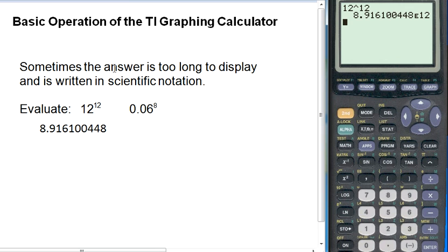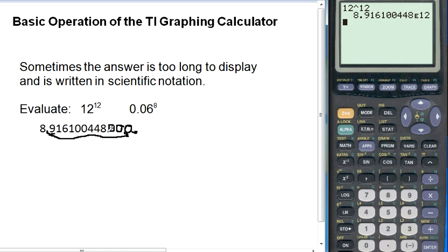Alright, now we've got to move that 12 places to the right to get the actual value of the number. So we're going to move it around the 916100448. We need to move it farther than that. We're going to have to add 3 zeros on the end of that, because that's only 9 digits. So what that's telling you is we've got to move the decimal point all the way over to behind that last 0.